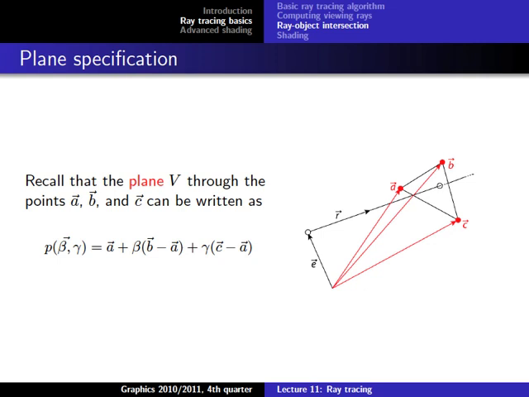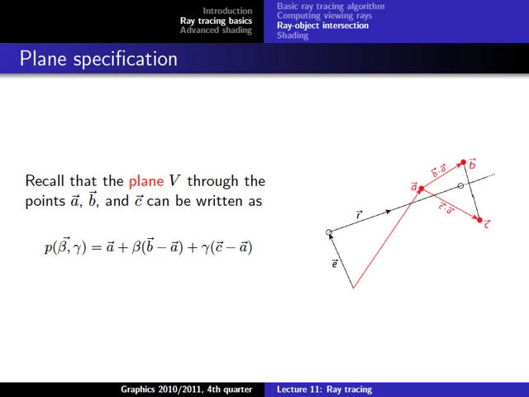For example, in the exam for the barycentric coordinates question, there were a few people who have chosen different vectors here.